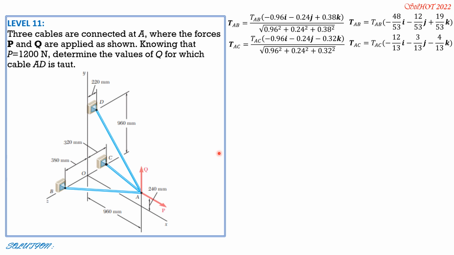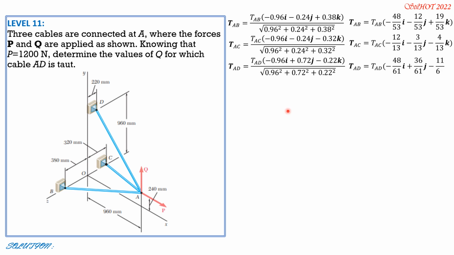So it is magnitude of tension AD times the quantity negative 0.96 i plus 0.72 j minus 0.22 k over square root of 0.96 squared plus 0.72 squared plus 0.22 squared. Remember, 0.72 is 0.96 minus 0.24. So tension AD is magnitude of tension AD times negative 48 over 61 i plus 36 over 61 j minus 11 over 61 k.